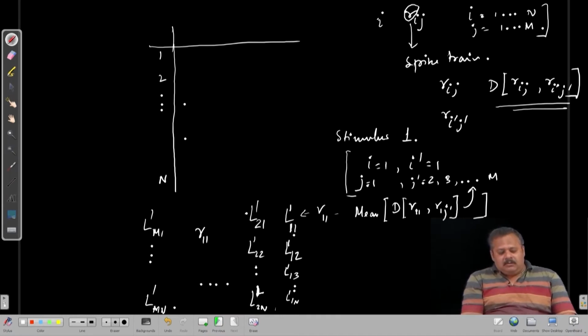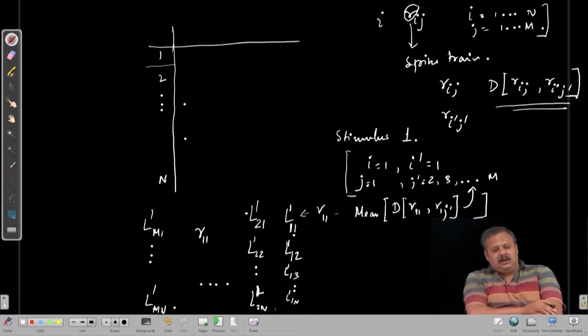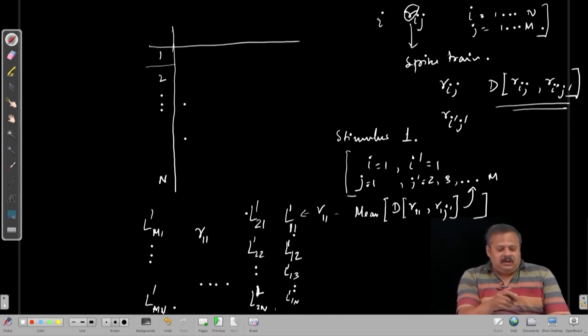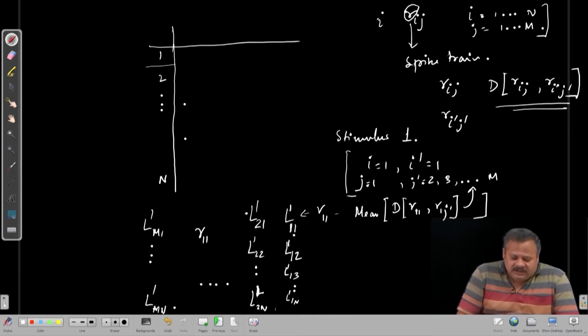So, each of the capital M spike trains produced by the stimulus 1, based on these distances, is being assigned to one of the capital N stimuli. That means it is providing us an estimate of the stimulus.